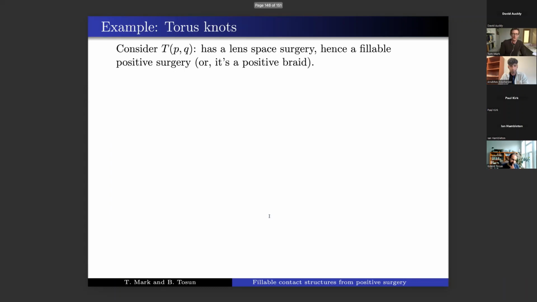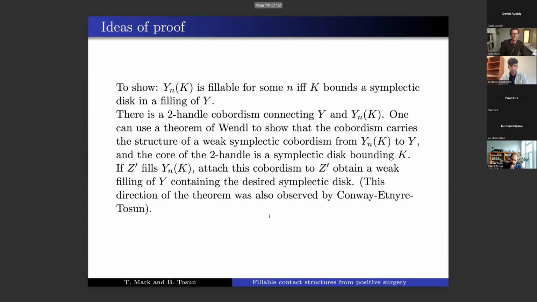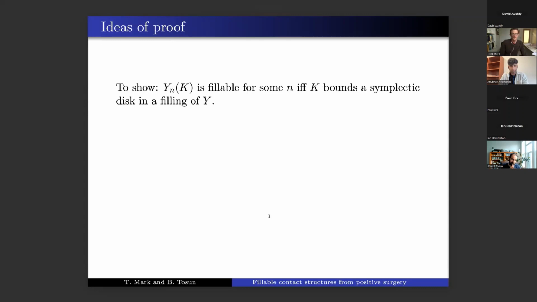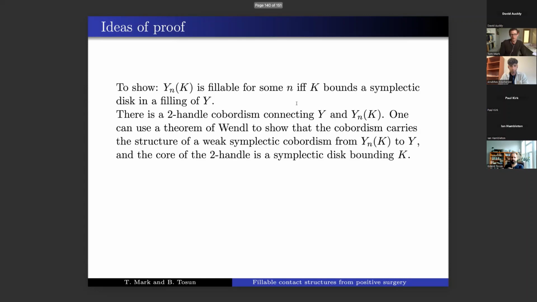Okay, so let me go back now to this other order to the proof. So the main theorem was basically this: you have a Legendrian in a contact manifold, asking when there's some positive coefficient that is fillable, and you want to show that happens if and only if K bounds a symplectic disk in the filling.